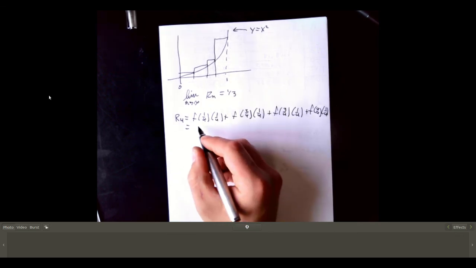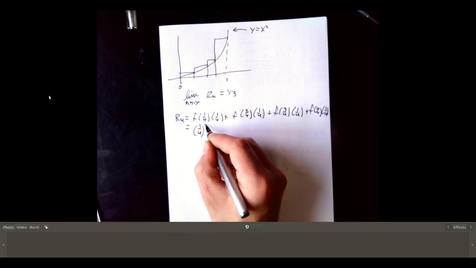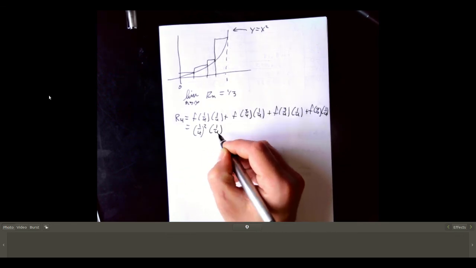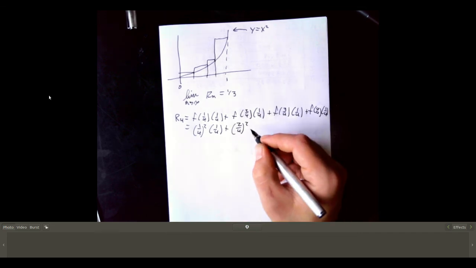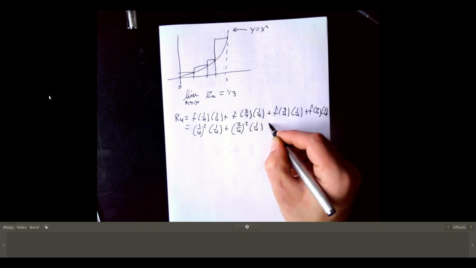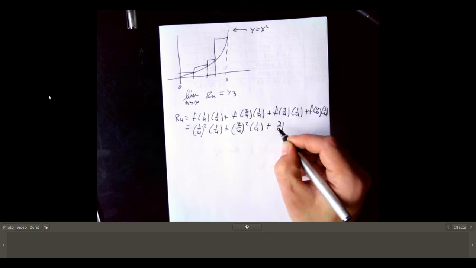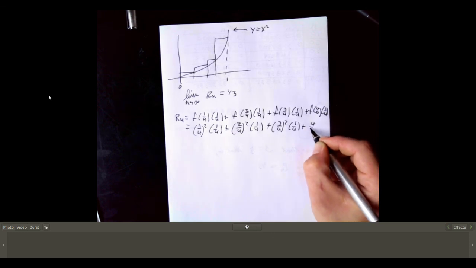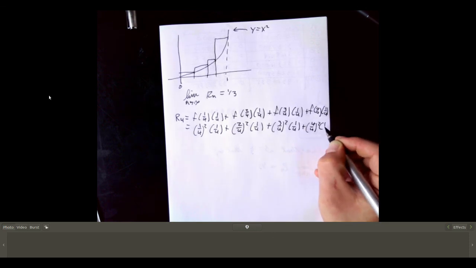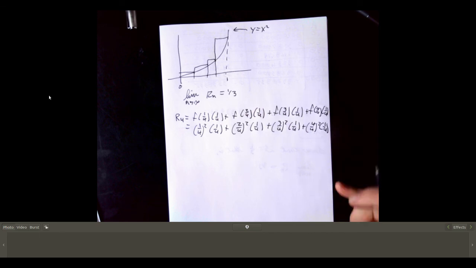Well, that gave us 1/4 squared times 1/4 plus 2/4 squared times 1/4 plus 3/4 squared times 1/4 plus 4/4 squared times 1/4. And we've done all this algebra already.